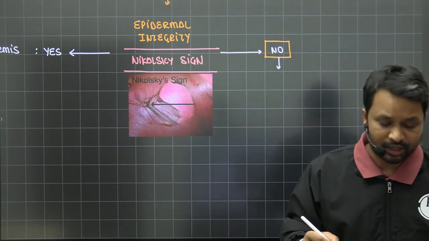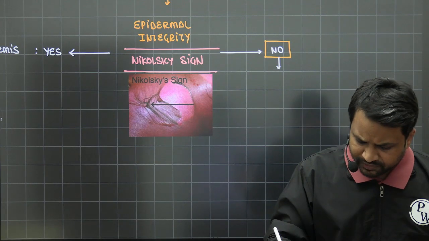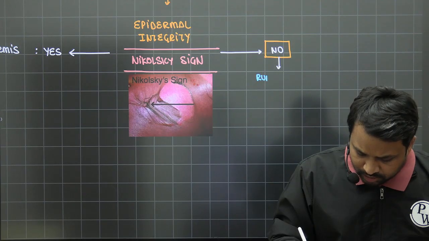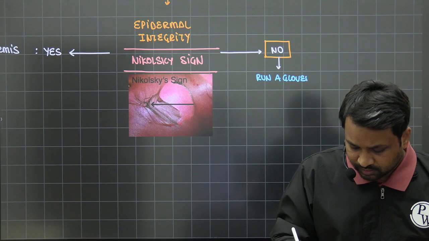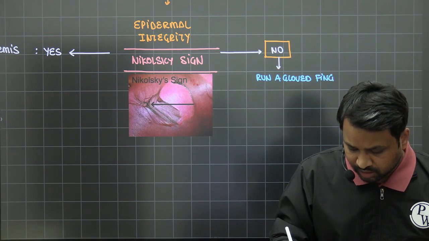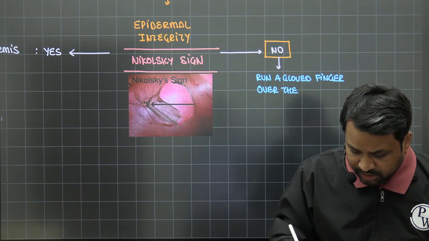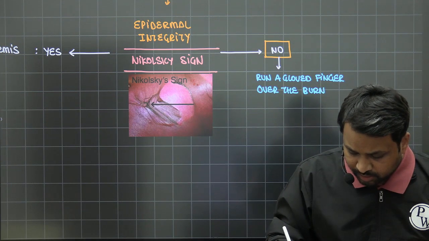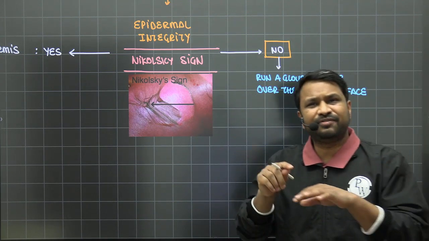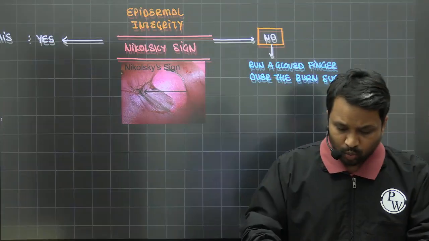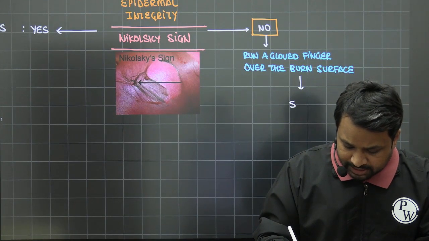So this is what you call running a gloved finger over the burn surface. Now, as you run your finger, you'll see whether it is slippery or not, right? So what am I looking for? Is my finger able to slip or not? So is it slippery or not?